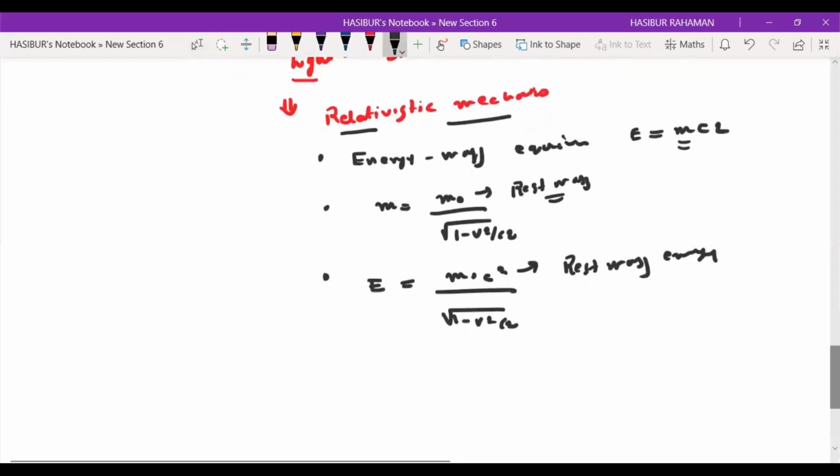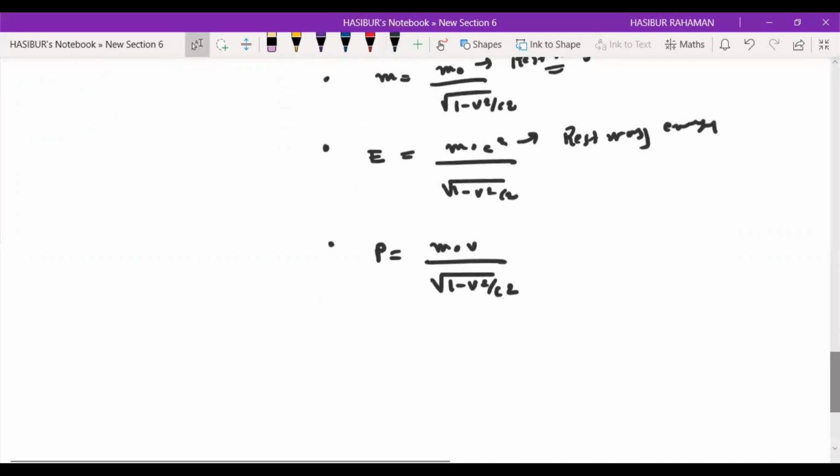Now in the above relations, for momentum there is another relation, p equal to m naught v upon under root 1 minus v square upon c square, where in each case v is the velocity of this object and c is the speed of light.